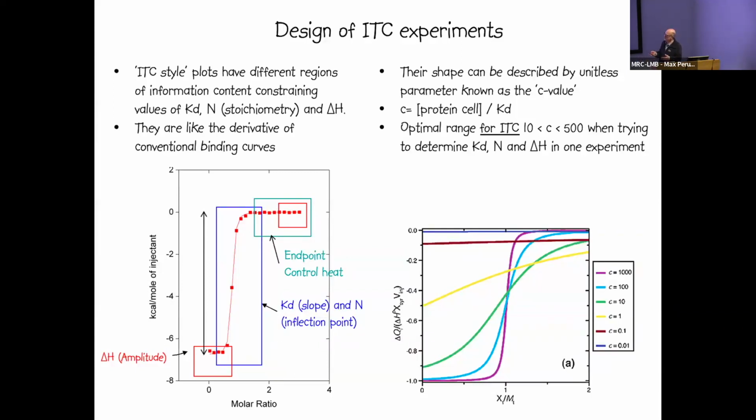So what it's doing is telling you how far you are above KD. For making an ITC measurement where you want to extract all of these parameters, the KD, the stoichiometry, and the enthalpy, an optimal range for the C value is between 10 and 500 when you're trying to determine all of those parameters in one experiment.